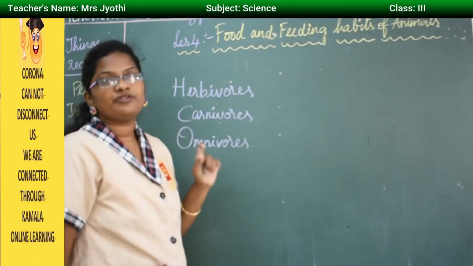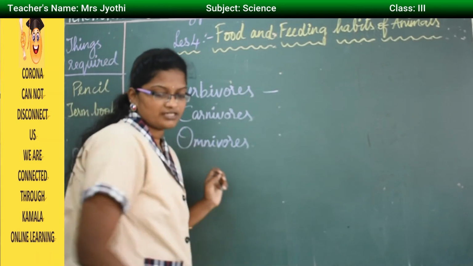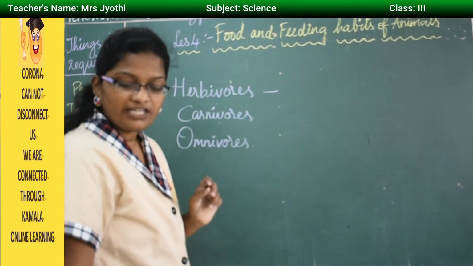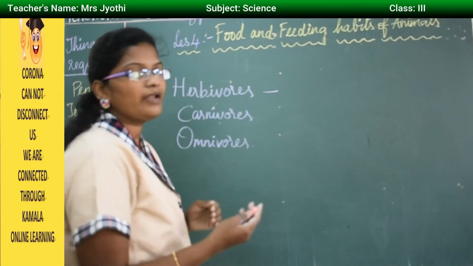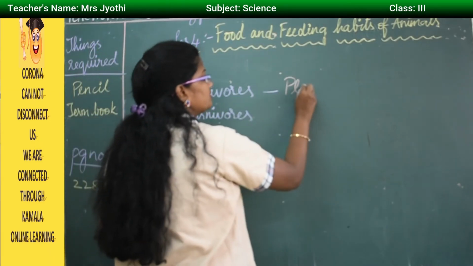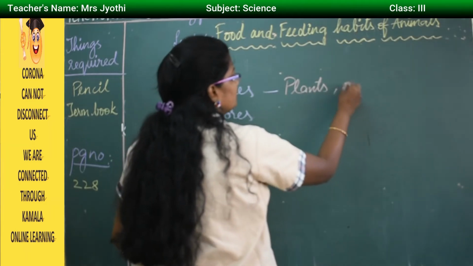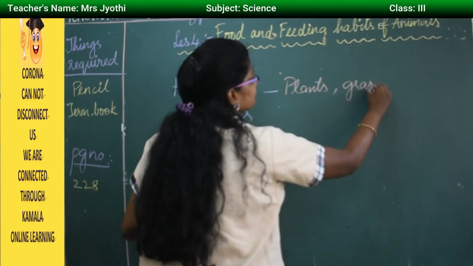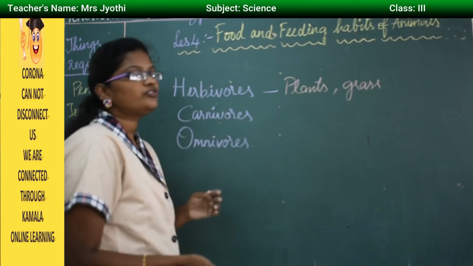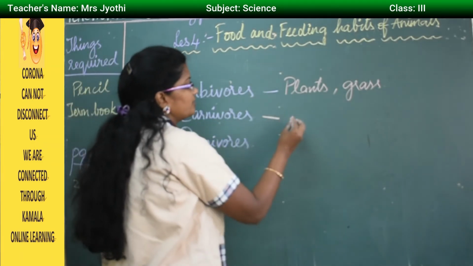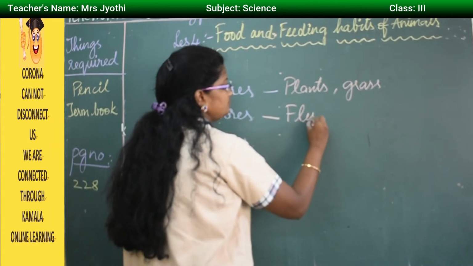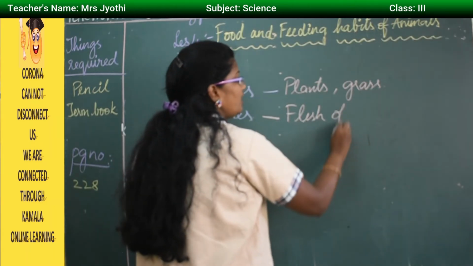So what are herbivores? Herbivores, they eat only the plants, grass and plant-based food. Then carnivores, they eat only flesh of animals.